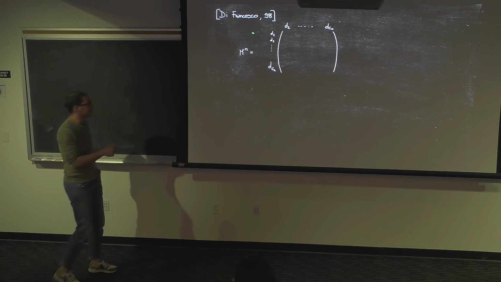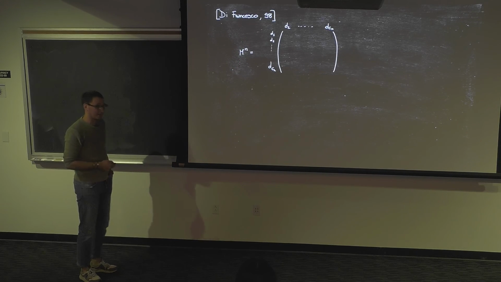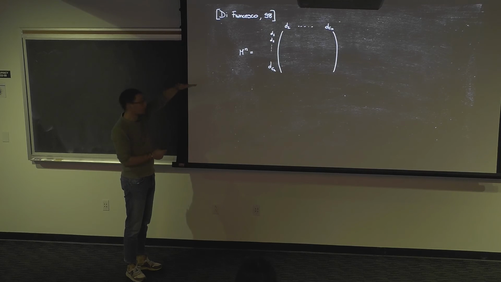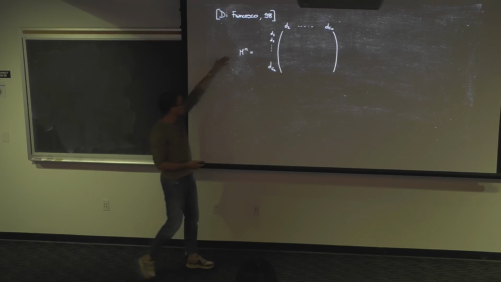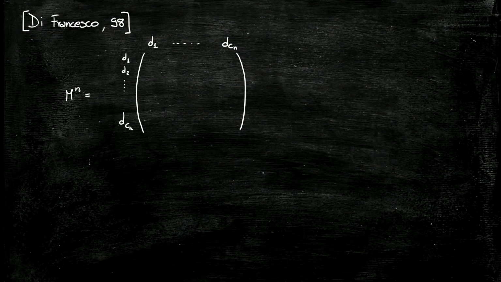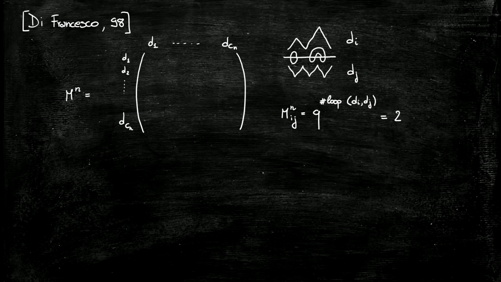If you take the following matrix, Mn, it's defined like that. Columns and rows are indexed by Dyck paths. So D1, ..., D_{C_n} is an enumeration of the Dyck paths of size n. And in each coordinate, you have the following quantity. You look at the entry ij. You take the Dyck path i, you take the Dyck path j, you do the operation, you count how many loops there are, and then you put as an entry q to the number of loops.